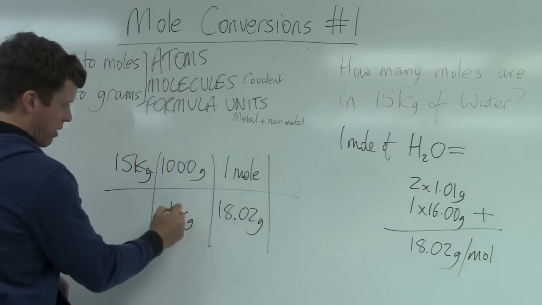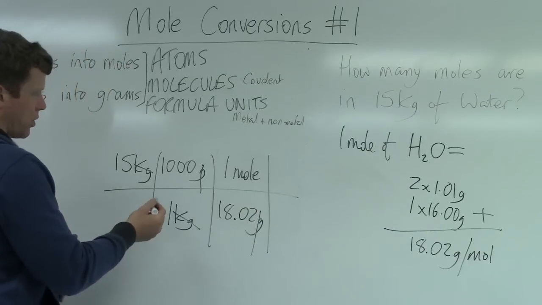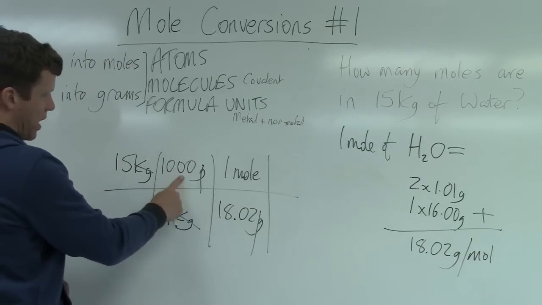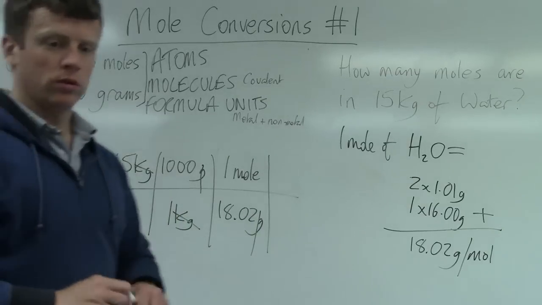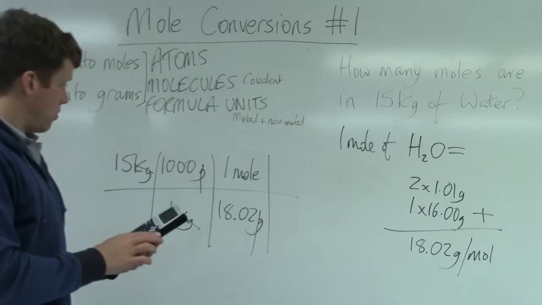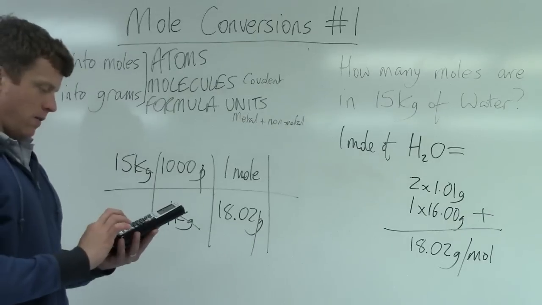So I can cancel kilograms, I can cancel grams. So now what I've got to do is multiply 15 by 1,000 by 1, and then divide that by 18.02. So 15 times 1,000.